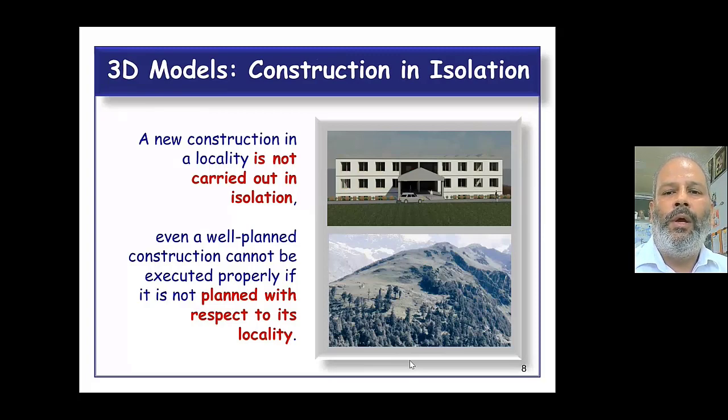Therefore, instead of looking at this construction in isolation, we need to have the knowledge of surrounding, or we need to plan it with respect to surrounding. Or in other words, just like we make a 3D model of a building, to model the interaction of a building, construction or facility with its surrounding, modeling of its surrounding is also necessary.